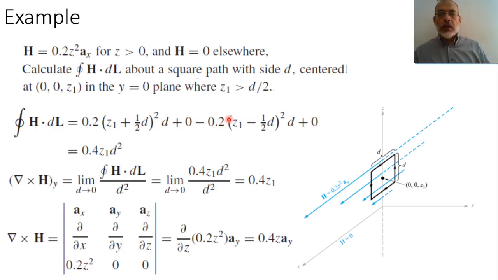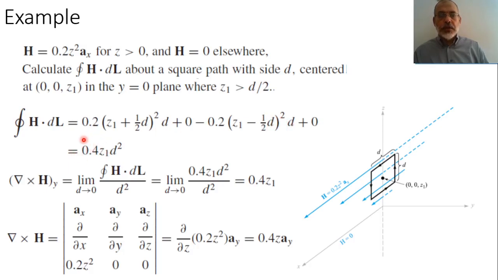Now, by applying the value of z1 itself as d over 2, we only have both terms, so we are talking about 0.2 z1 plus d over 2 squared multiplied by d, minus 0.2 z1 minus d over 2 squared multiplied by d.